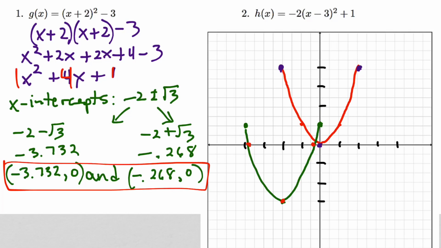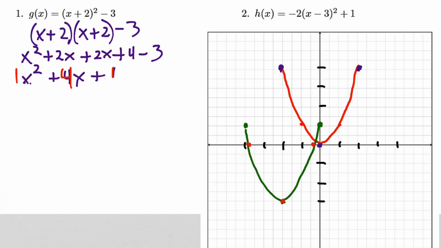Now the y-intercept is just the place where the graph crosses the y-axis. So it's this point here, which looks to be 0, 1, because we figured that out in the transformation. But the other way to figure it out is to find out what g of 0 is.